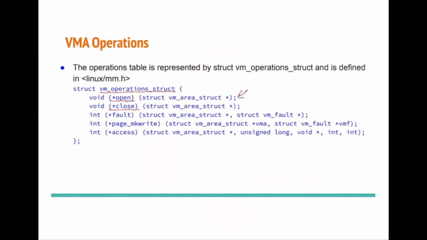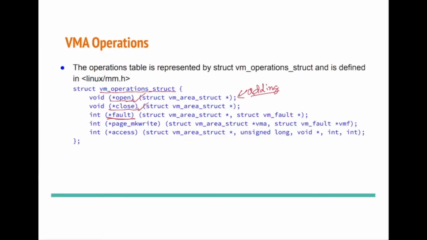These functions are automatically triggered because these are callback functions. This one is for adding: if I add a new vm area struct inside my memory map, then this open function will be called. When we remove that particular vm area struct, then the close function will be called.